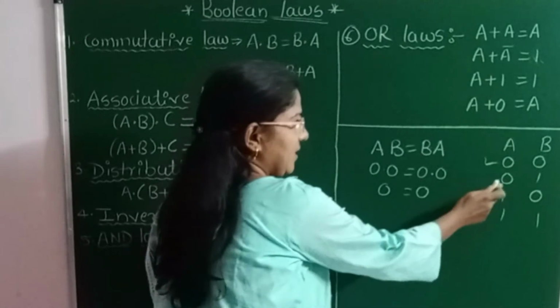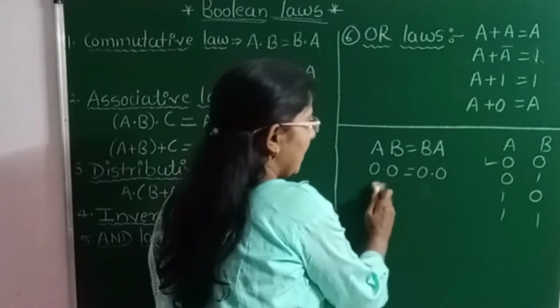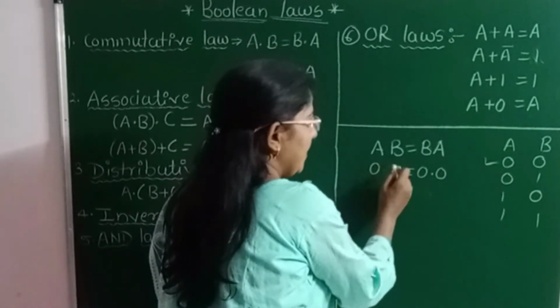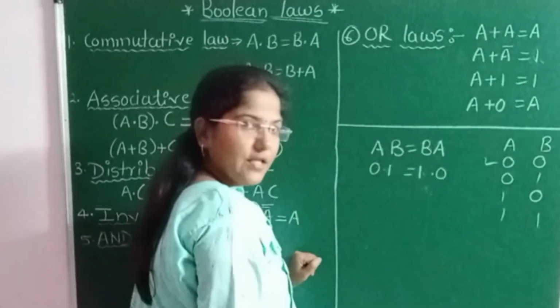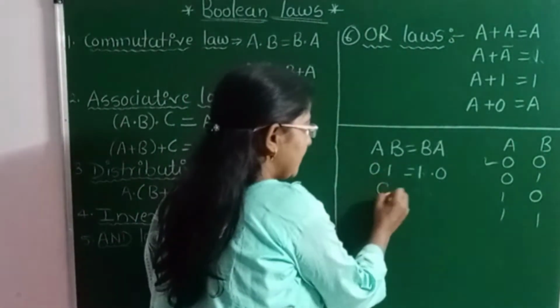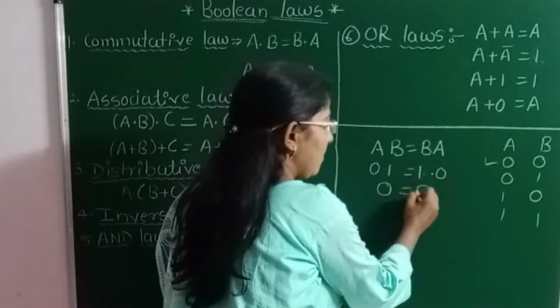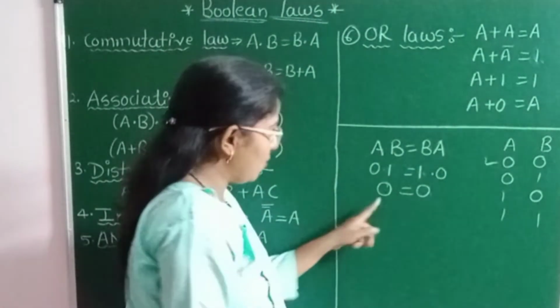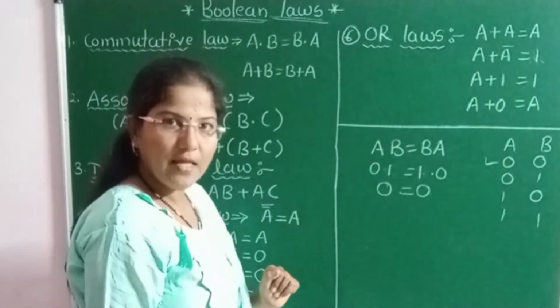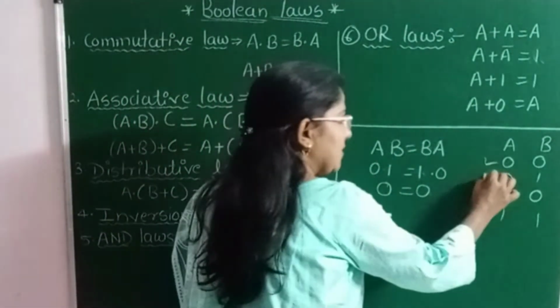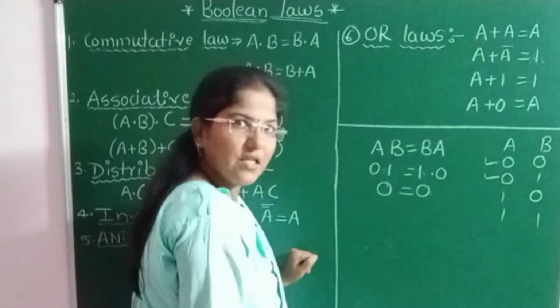Now we will consider the second combination where A is 0 and B is 1. Here B is 1 and A is 0. So 0 into 1 is 0, and 1 into 0 is again 0. So again 0 is equal to 0. LHS is equal to RHS, so this is correct for the second also. Now see the third one.